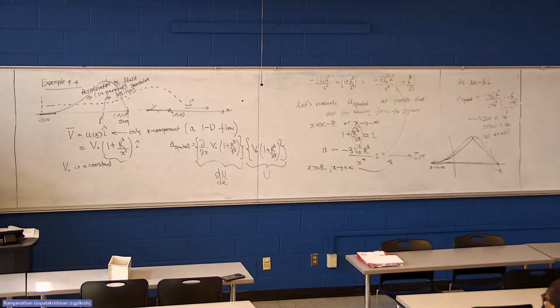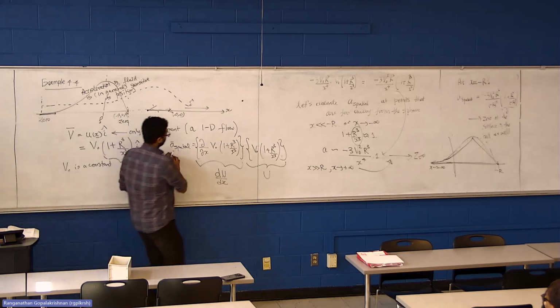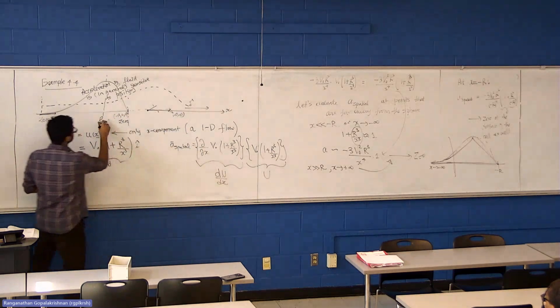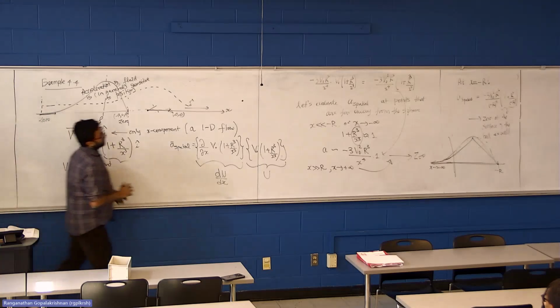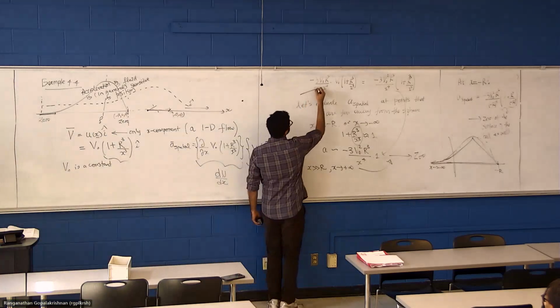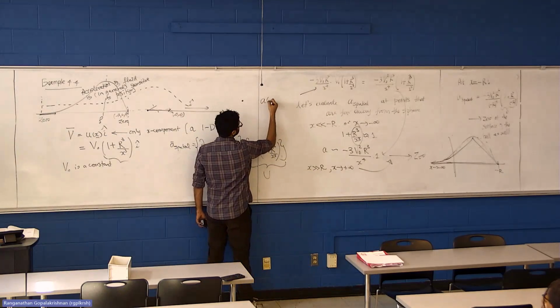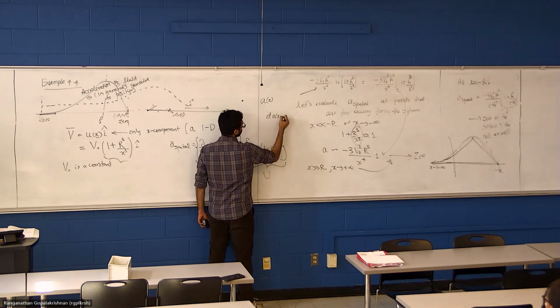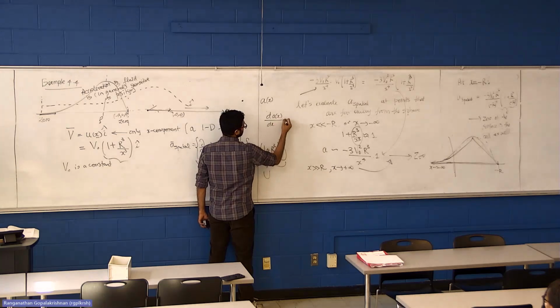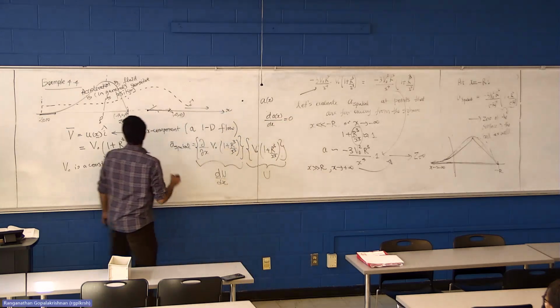Set the derivative equal to 0. Thank you. So if you want to locate where it goes to a maximum, you take this function, the acceleration as a function of x, you take the derivative of the acceleration and set it to 0. That is this location.